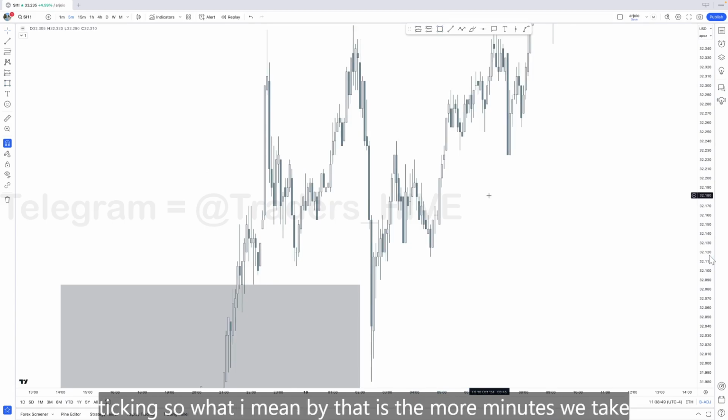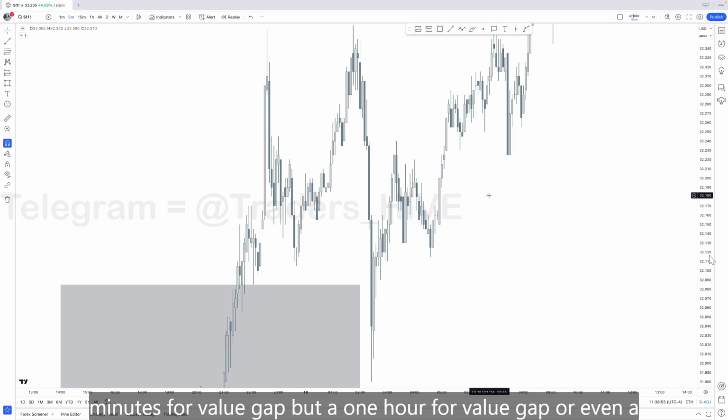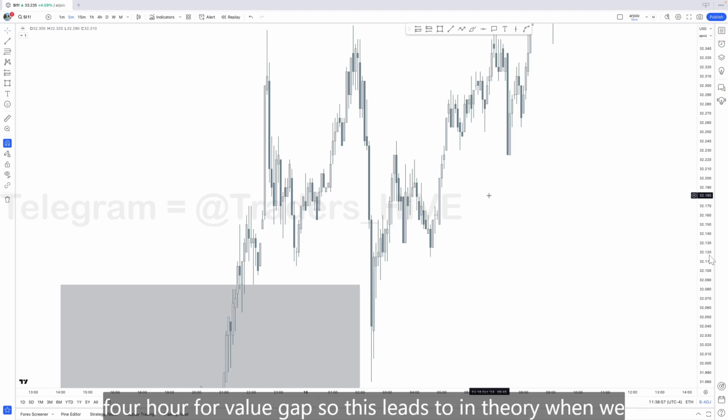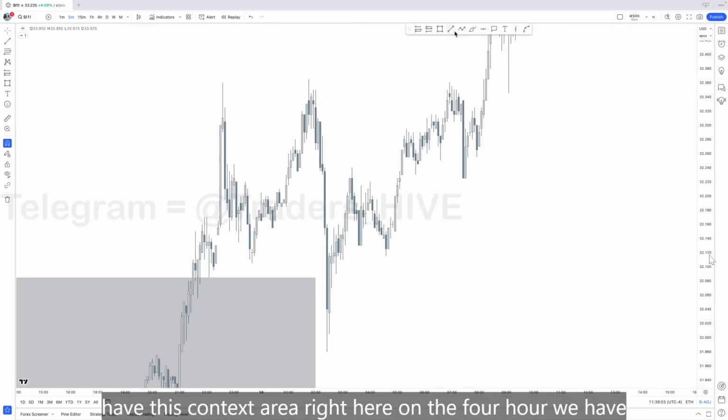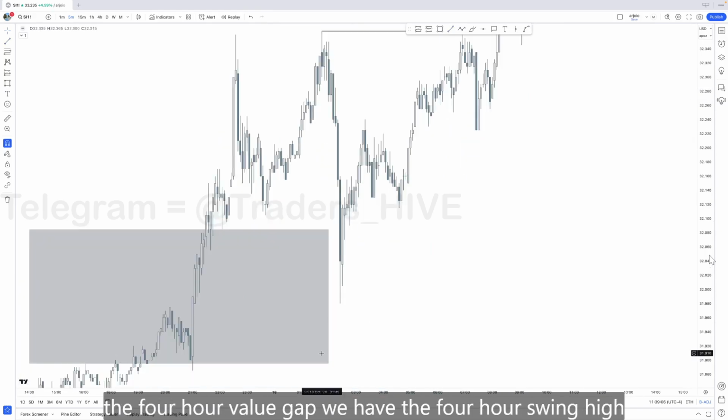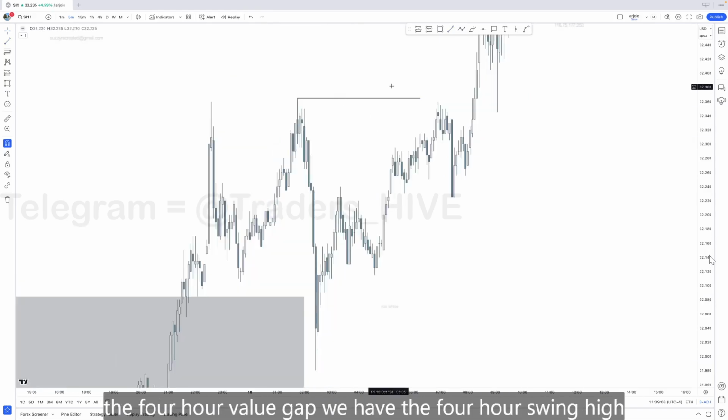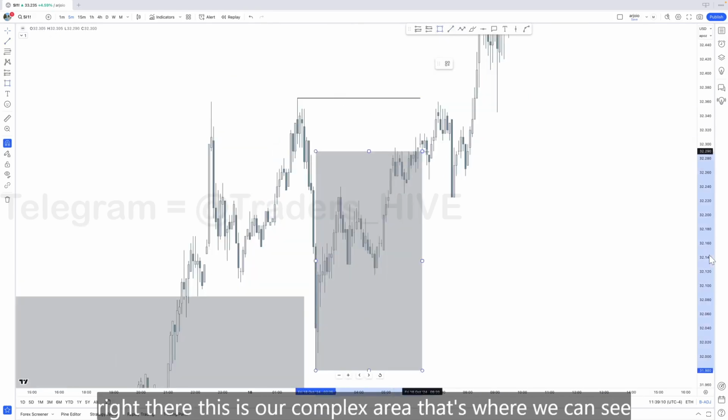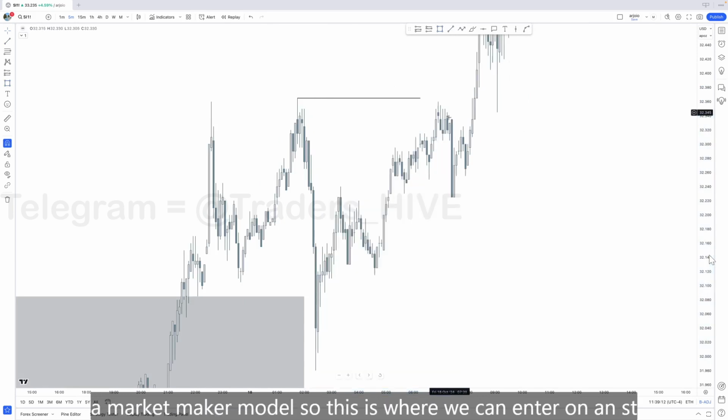So what I mean by that is the more minutes we take, the more likely we're also going to create not only a 5 minute fair value gap, but a 1 hour fair value gap, or even a 4 hour fair value gap. So this leads to, in theory, when we have this context area right here on the 4 hour, we have the 4 hour fair value gap, we have the 4 hour swing high right there. This is our context area. That's where we can see a market maker model.